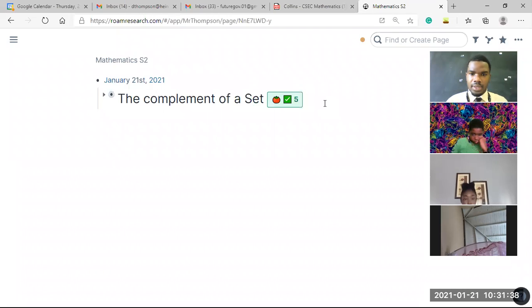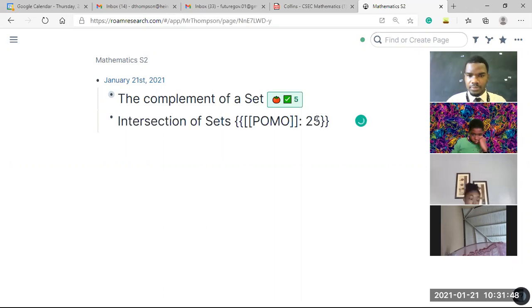So we're going to write that. Intersection of sets. And we're going to take 5 minutes to explain this as well.